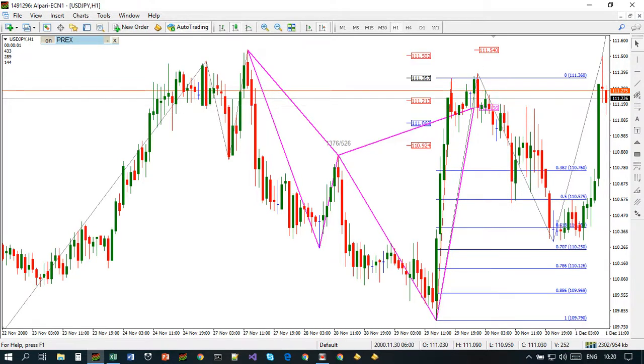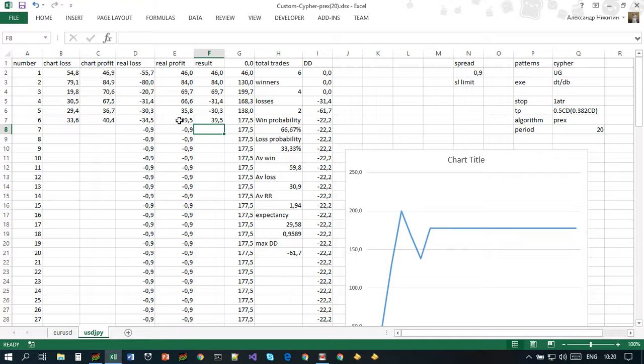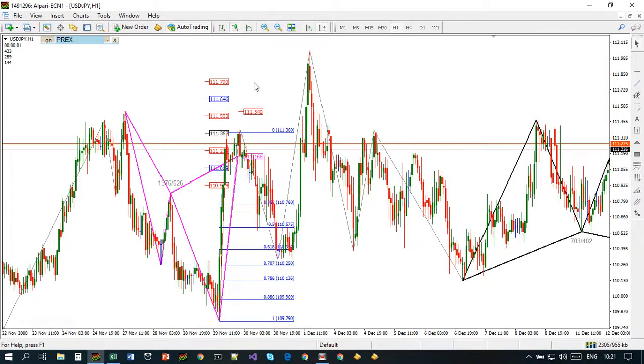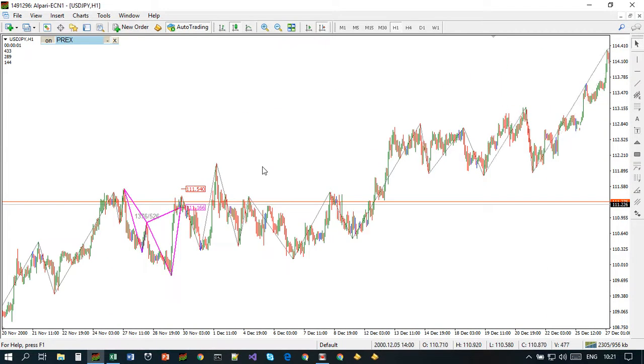Take profit is 14.4. And this time it was a take profit. Okay, 66% probability, 1.94 reward to risk ratio. Pretty good reward to risk, but too early to say it now. It will become awful in the end, I suppose.